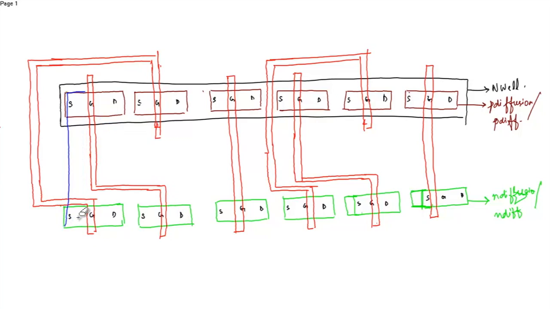So we'll just redraw this again. Okay, this source and this source connected. Similarly, this drain, connected.